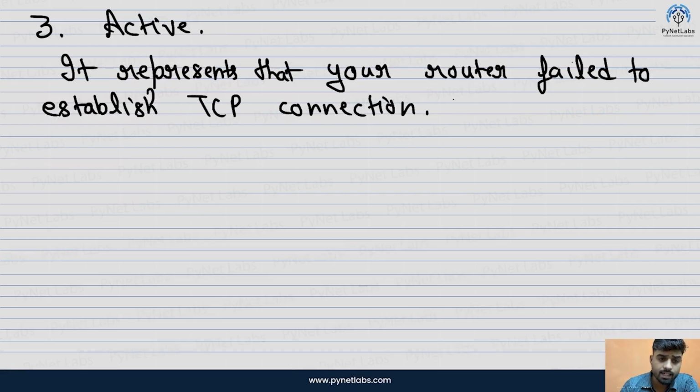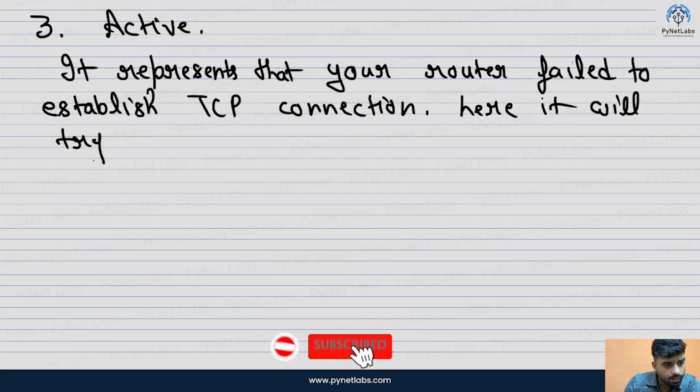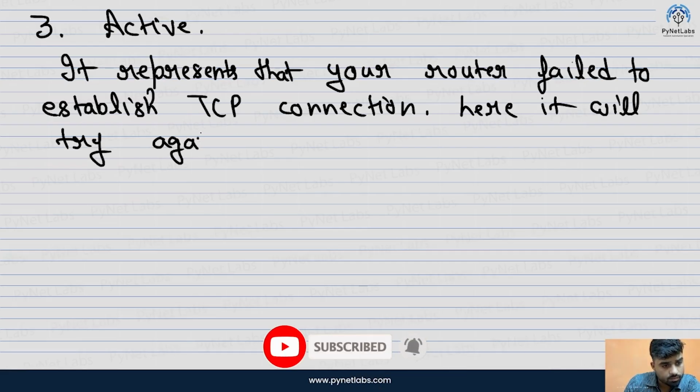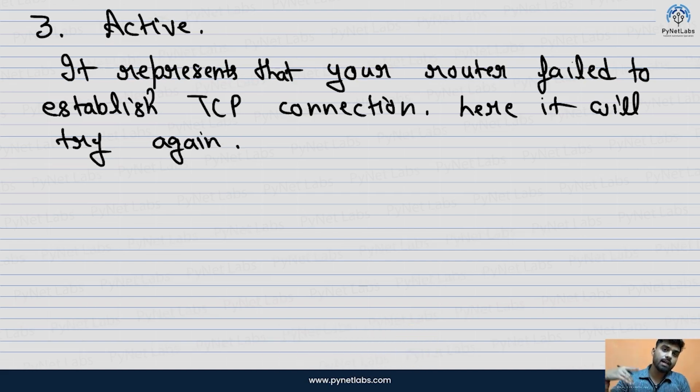That's why at this state it will try again and again. If it fails again, then your router directly goes back to the first state, that is known as the Idle state. So once this TCP session gets created, then your router will move to the next state, which is known as the OpenSent.